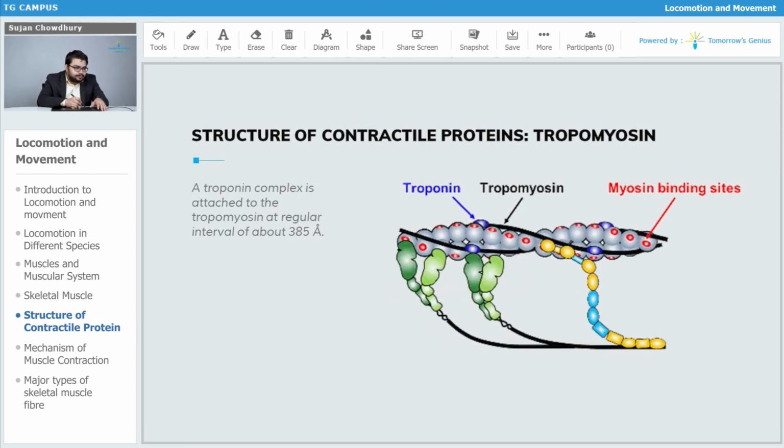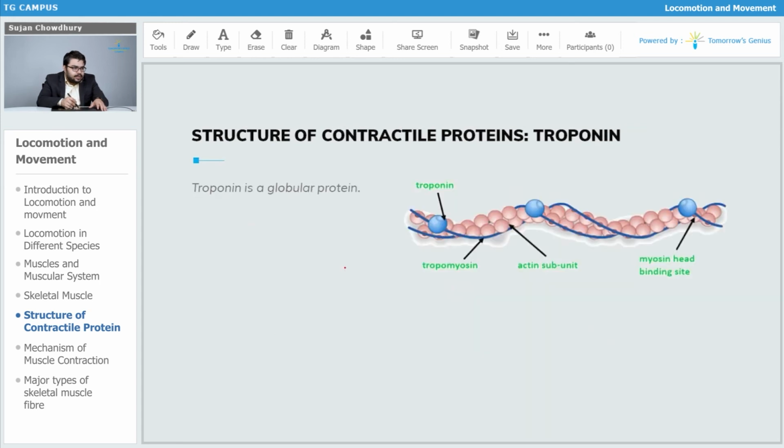So troponin is the next contractile protein we will talk about. We have already seen myosin, actin and tropomyosin. So troponin is nothing but a globular protein. Yes, it's a globular protein.